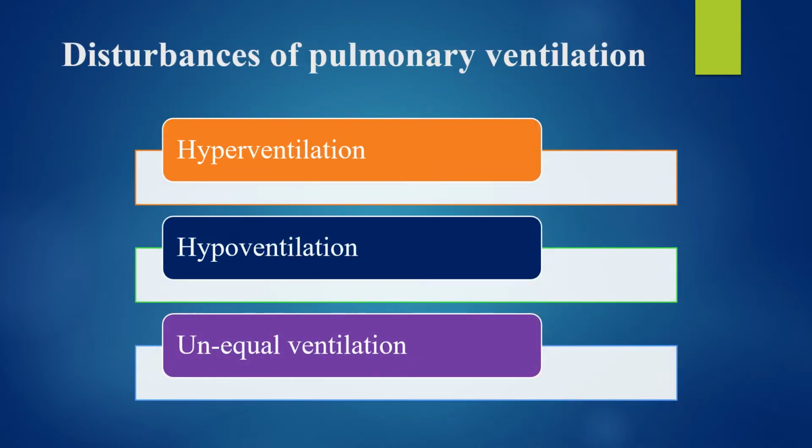Disturbance of ventilation manifests itself in the form of hyperventilation, hypoventilation, and uneven ventilation. Hyperventilation is an increase in rate and depth of ventilation. The causes of hyperventilation include any pathological process that causes hypoxemia.